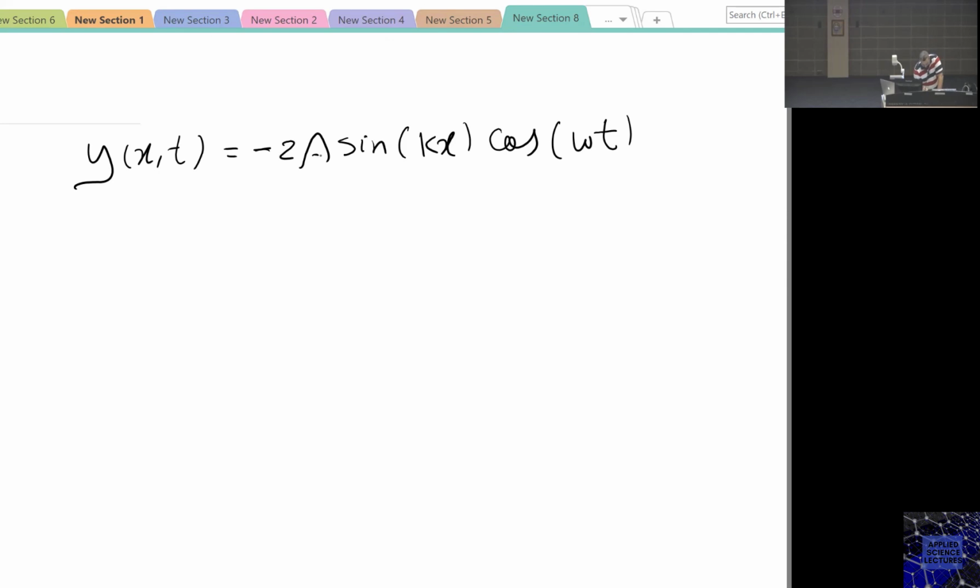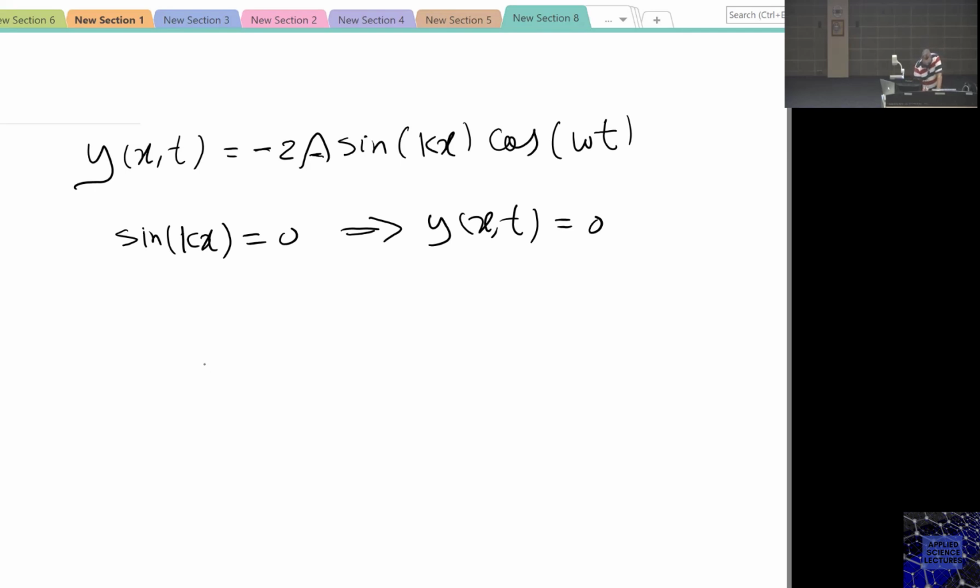So in order to solve for the zero displacement, when sine kx equals 0, definitely the function itself becomes 0. So I need to find the phase that will give me the sine to be 0.